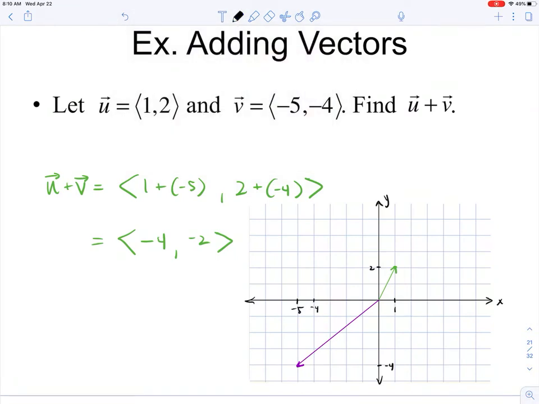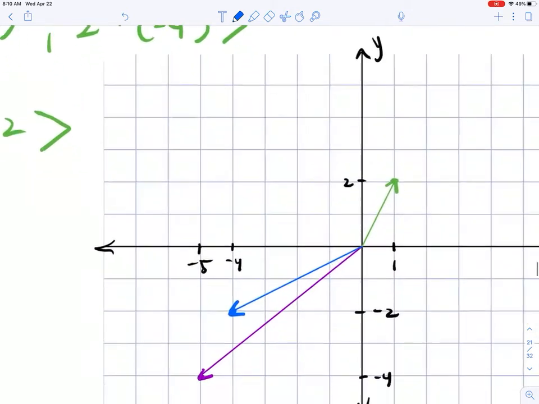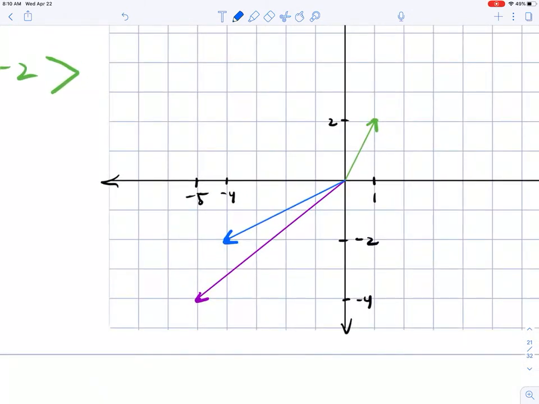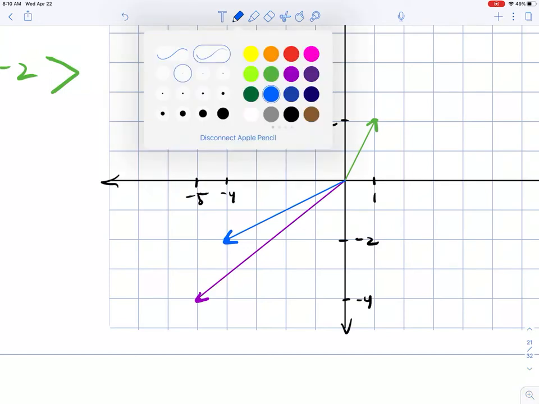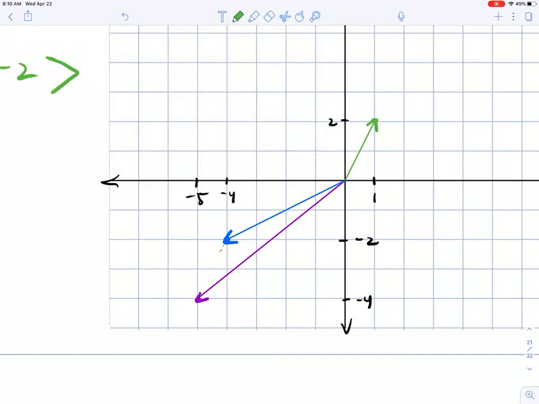And the resultant vector would be -4, -2. So in blue, I have the resultant vector u plus v. Now, when we have our vectors in standard position, their tails are at the same point.